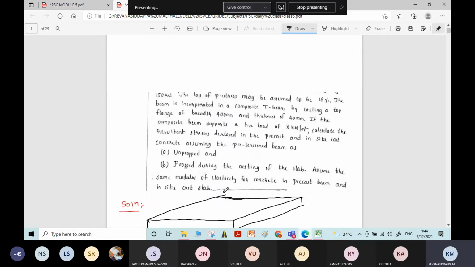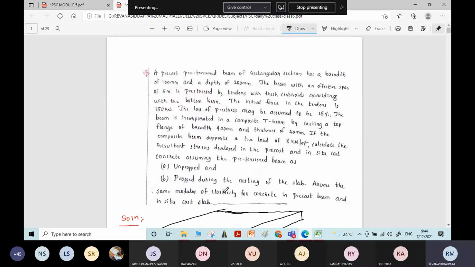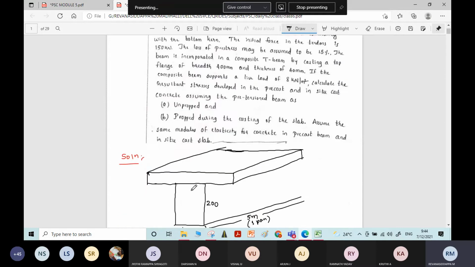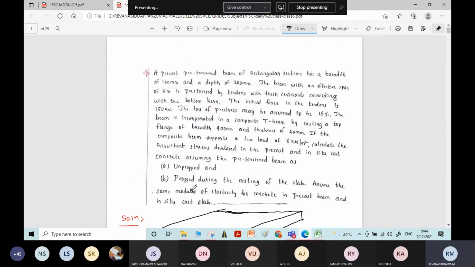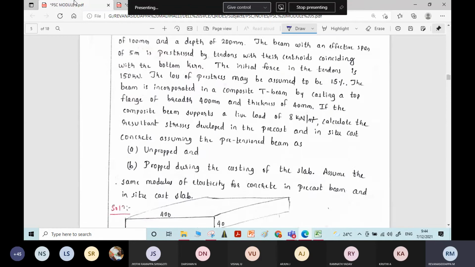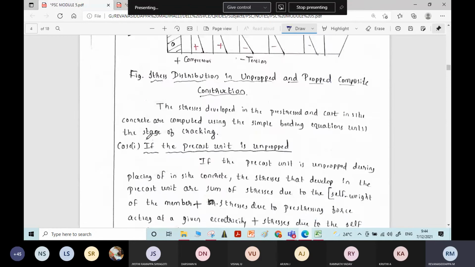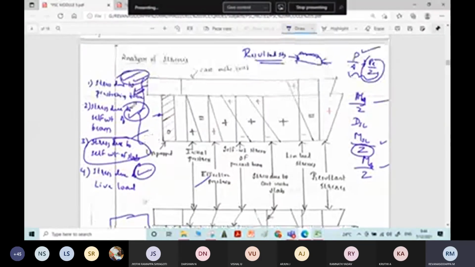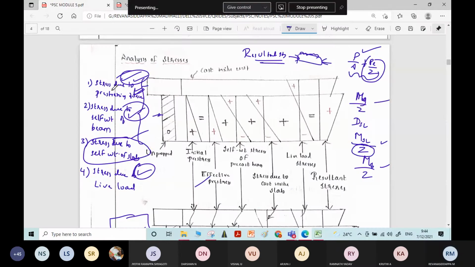Now it is asked to find the total or the resultant stresses on the section. As I said, this resultant stress is inclusive of 4 different stresses. One is stress due to the pre-stressing force, stress due to self-weight of beam, then stress due to self-weight of the slab, then stress due to the live load.